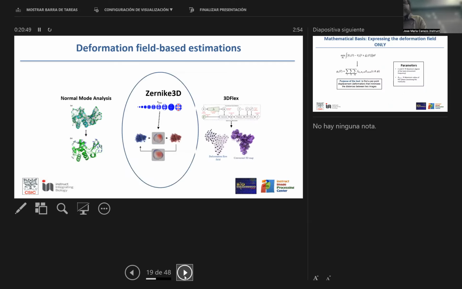Our technique is Zernike 3D, that I certainly want to talk about, to refer to normal mode analysis, to 3D Flex.